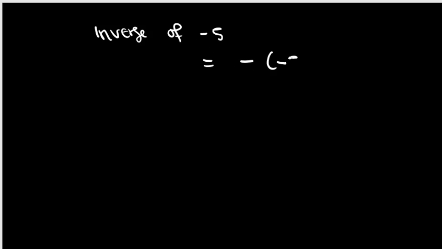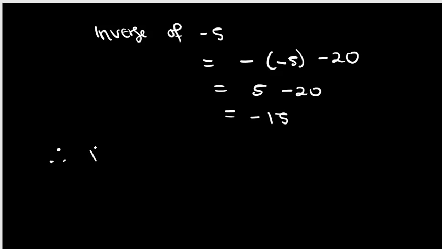So negative of negative 5 minus 20, which is positive 5 minus 20, gives us negative 15. Therefore, the inverse of negative 5 is negative 15.